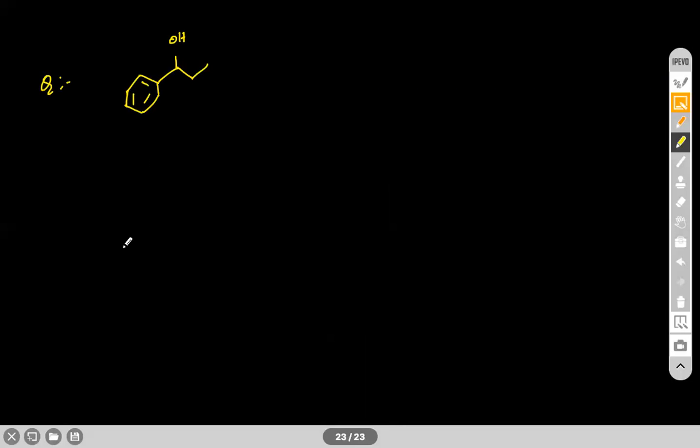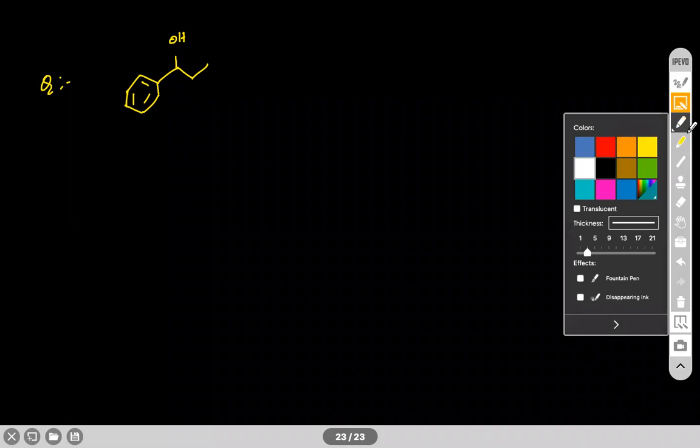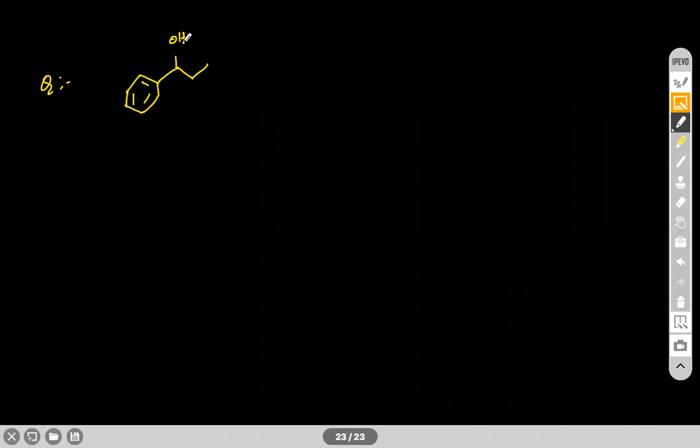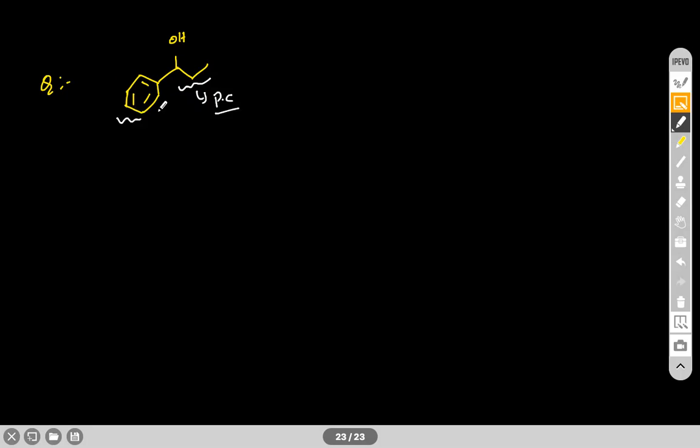When this group is attached, see this side chain contains one functional group, that is OH, hydroxy, correct? So it means this becomes the parent chain of the compound, and this becomes the substituents. Parent chain and substituents.